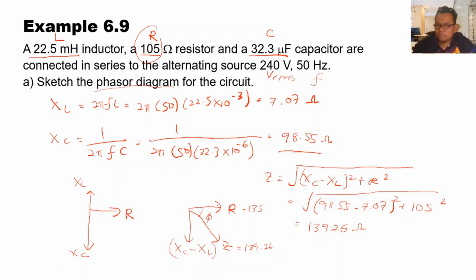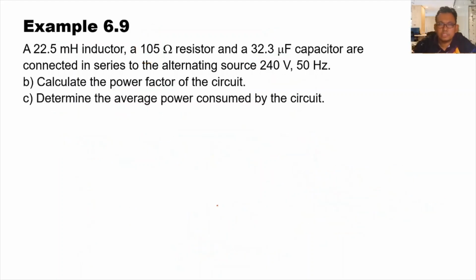Okay, let's look at the next question: the power factor. Power factor is cos phi, and from the previous diagram, cos phi is resistance divided by impedance.